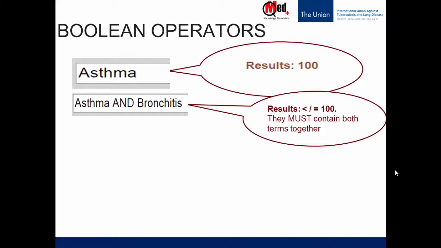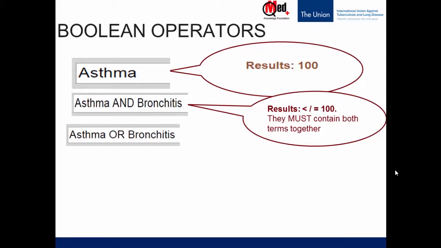So the results most often would be less than 100 as they must contain both terms together. I'm going to pause for a minute and say that if we think as humans, we tend to think that the results would be more than 100 because we are thinking of results about both. But the computer search engine is looking for items in PubMed that contain both terms together. And that is why the results will be less than 100.